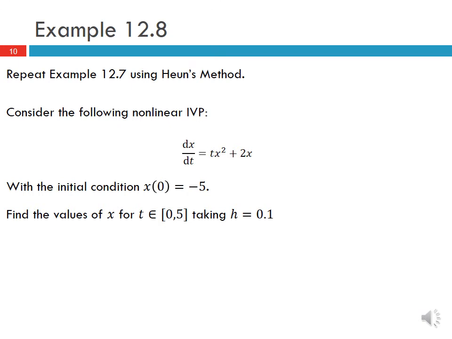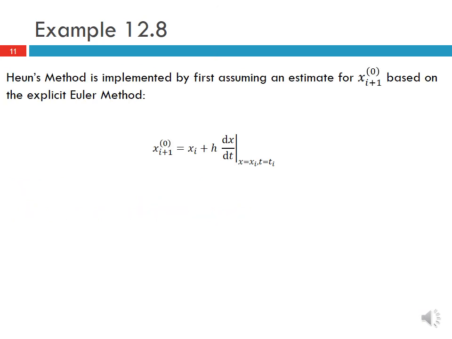So let's repeat one of the examples we considered in the previous section using Heun's method. Consider the nonlinear initial value problem dx/dt equal to t x squared plus 2x, with the initial condition x of 0 equal to minus 5. And we want to find the values for t from 0 to 5 with h equal to 0.1.